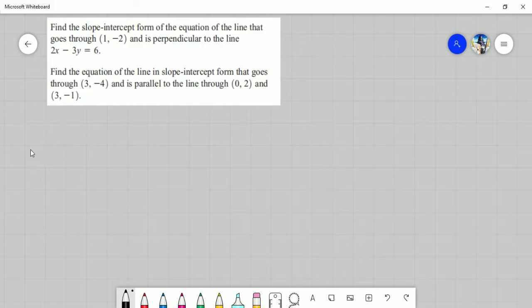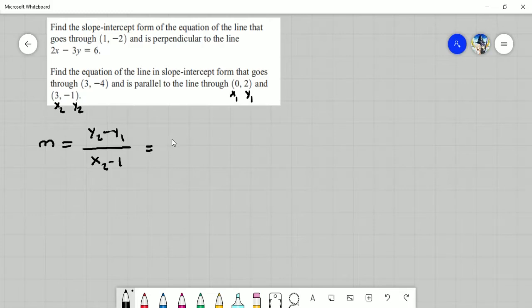So we just need to use the slope formula: y2 minus y1 over x2 minus x1. Just for consistency, our first point is (0, 2) and the second point is (3, -1). So 0 is x1, 2 is y1, 3 is x2, and -1 is y2.